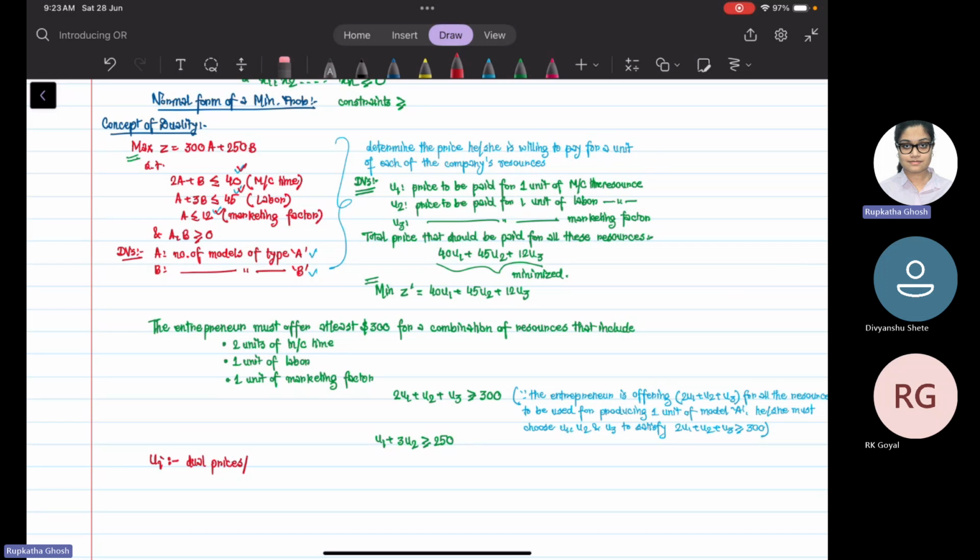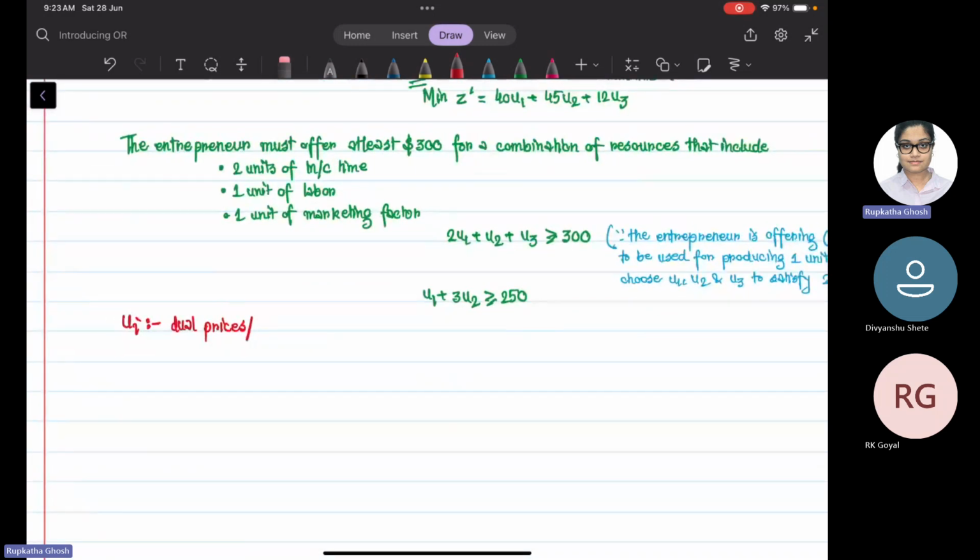So technically your U's are the dual prices, or we also call them shadow price or imaginary price. These are just various names that you have, or opportunity cost.